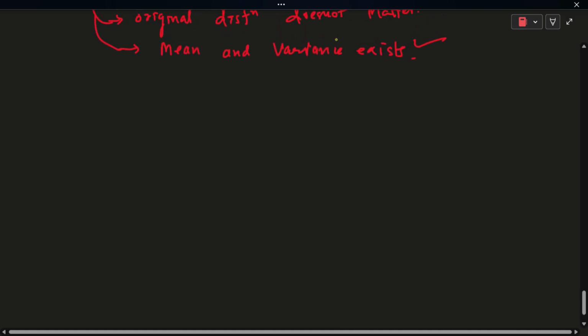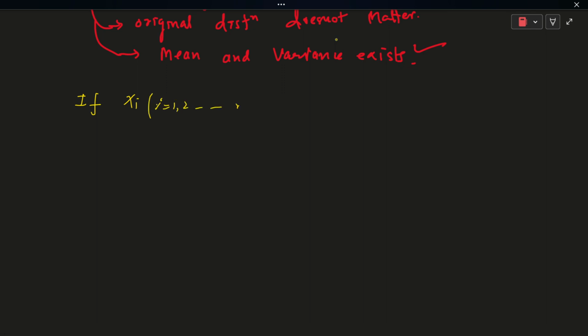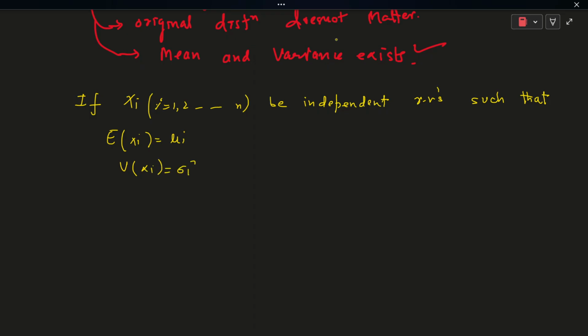ठीक है, तो see, if xi, i equal to 1 up to n, be independent random variables such that expectation of xi should exist, that's mu i, variance of xi is equal to sigma i square, and Sn is equal to summation xi.